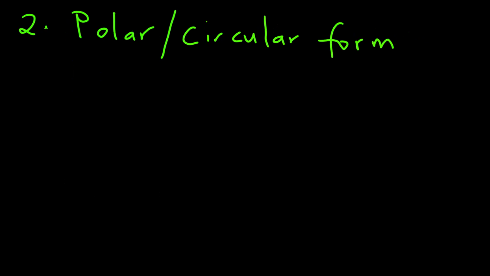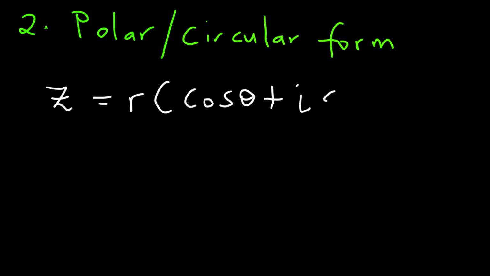The second way of representing complex numbers is the polar form or circular form. In the polar form, the complex number is represented as r open brackets cos theta plus i sin theta, where r is the magnitude or modulus of the complex number, and theta is the amplitude.